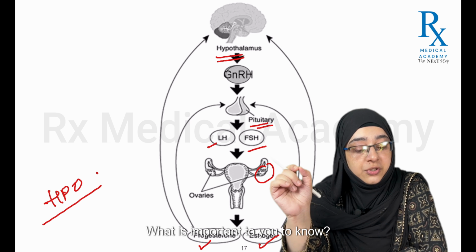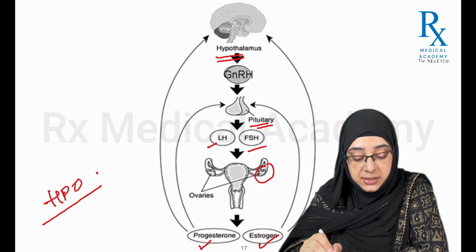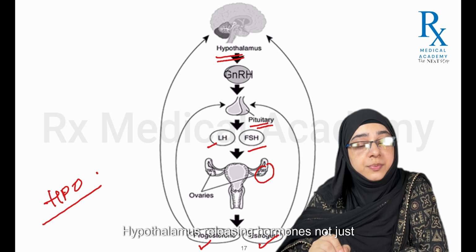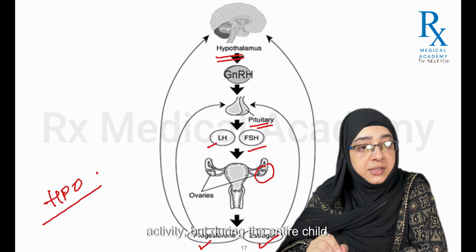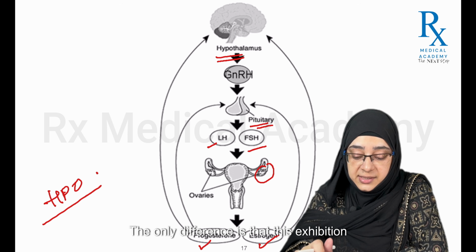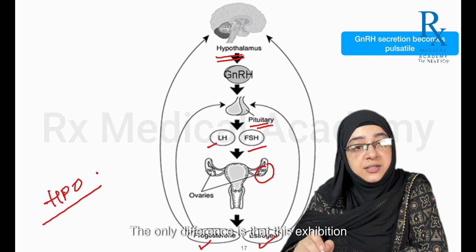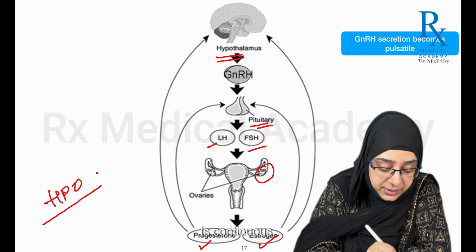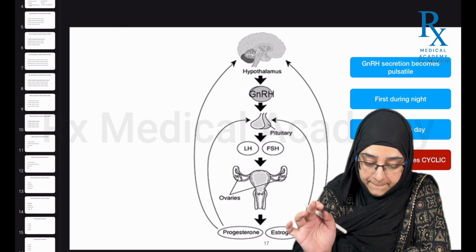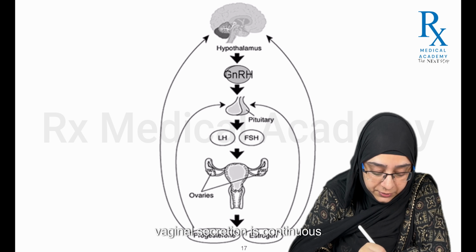What is important for you to know is that hypothalamus secretes gonadotropin releasing hormones not just at puberty but during the entire childhood. The only difference is that this GnRH secretion is continuous.